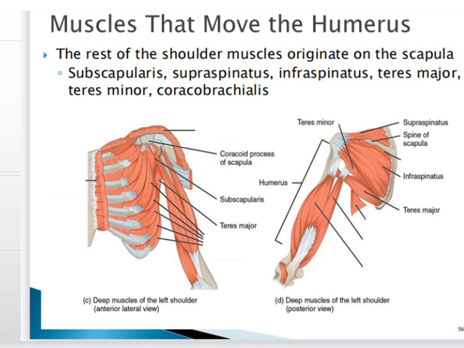The anterior group of muscles is located in the front and medial side of the forearm, and the posterior group of muscles is located in the back and the lateral side of the forearm.